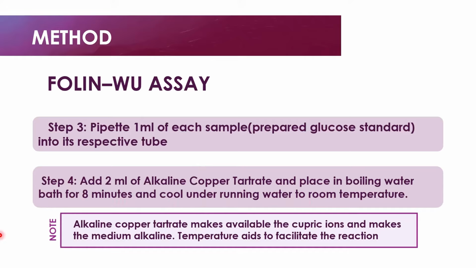What you also have to note is that the alkaline copper tartrate makes available the cupric ions and makes the medium alkaline, and the temperature helps to facilitate the reaction, which is the reduction of the cupric ions to cuprous oxide.